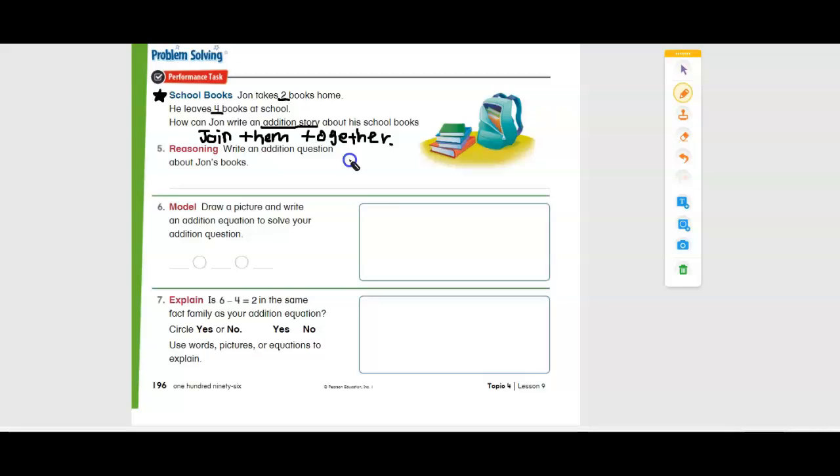So it asks us to write an addition question about John's books. So we know that we are adding the 2 books he takes home and the 4 books he has at school. So if we know we are adding, what is a question that we could ask John about his books?